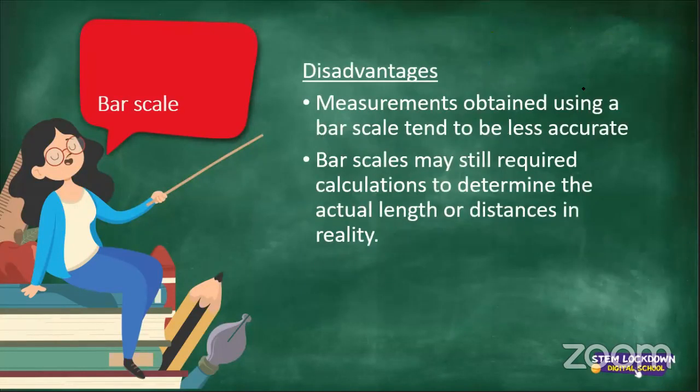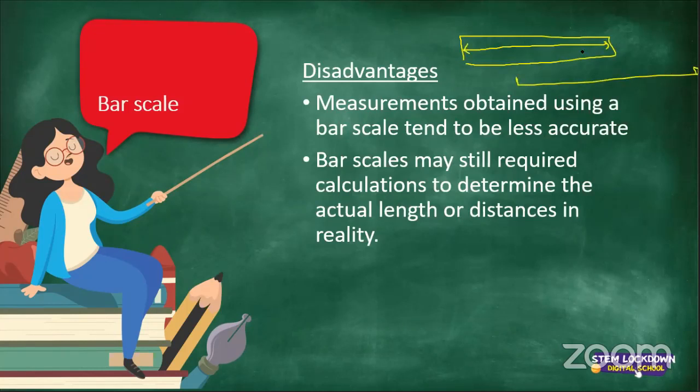Disadvantages of a Pascal. The first disadvantage of Pascal is that measurements obtained using a bar tend to be less accurate. Why? Because you are now measuring that part and also measuring the distance, so sometimes learners tend to make mistakes.